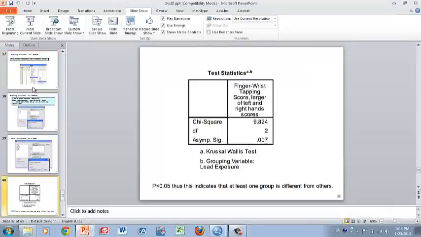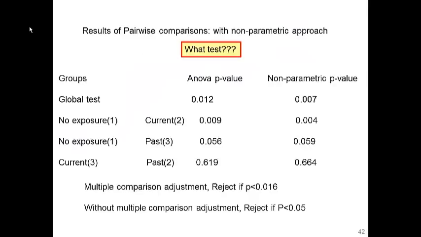So as you see, this is a summary table. We used the Mann-Whitney U-test for nonparametric pairwise comparison, so let's compare the parametric version versus the nonparametric version.